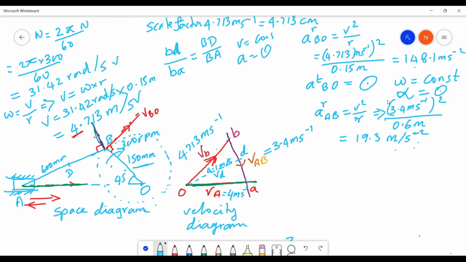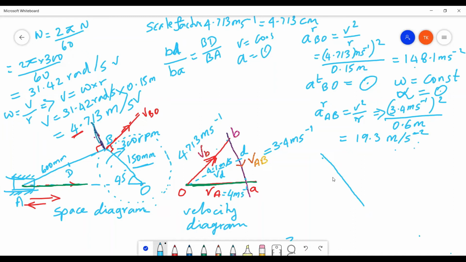I will start again with this OB because that's the known quantity. Here I told you the radial component is parallel and the tangential component is perpendicular. So for the acceleration diagram, I will go parallel to this. This is how I'm going to start. Again, I am going to use the same colors to make it easier to understand.